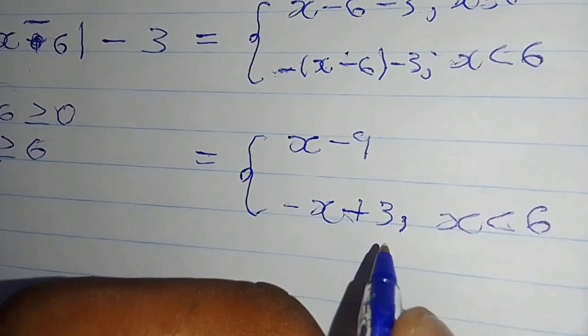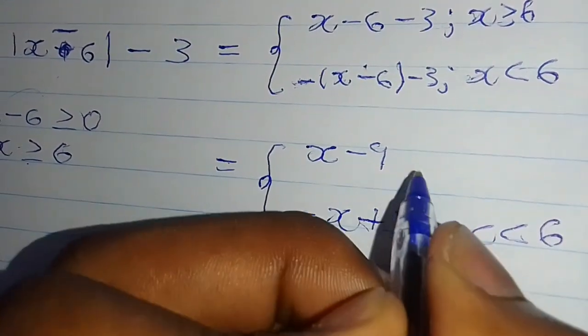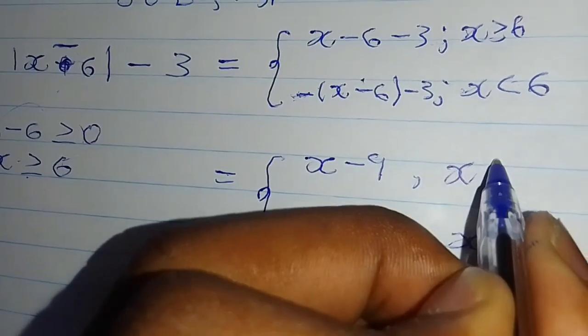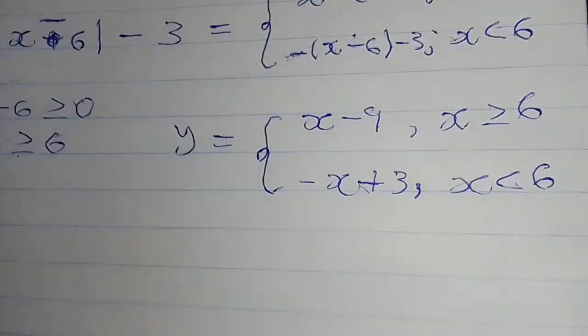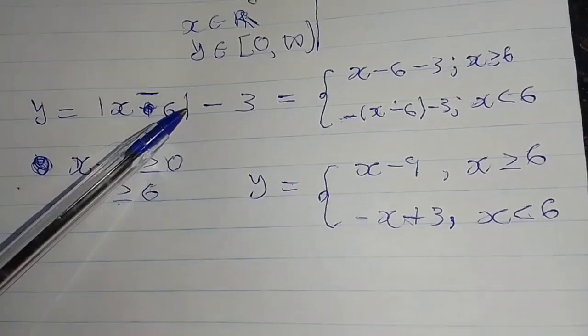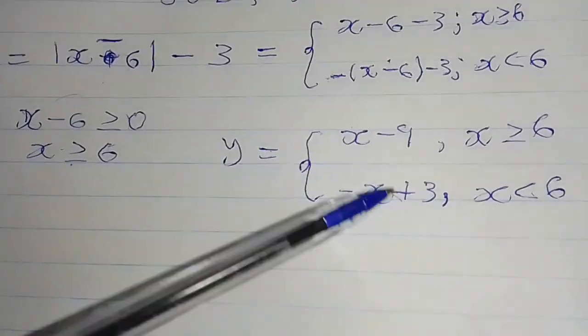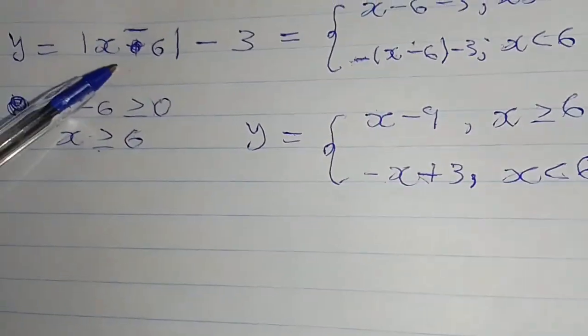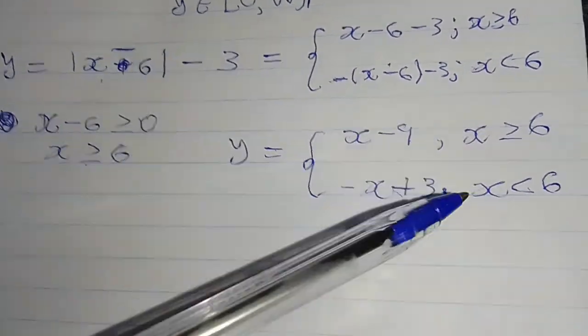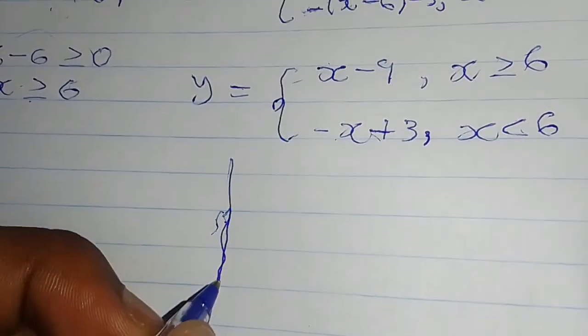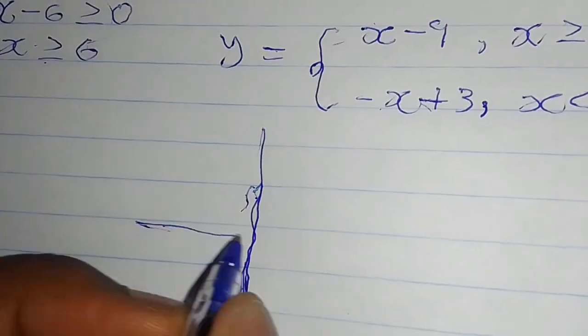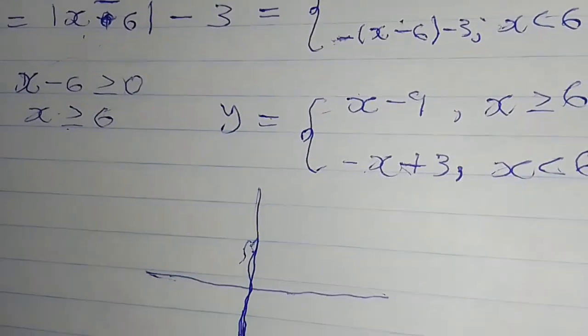And here we have x greater or equal to 6. So this is a simplified version of y. We went from this to something like this because we're familiar with functions without absolute values, so I transformed the absolute value into a piecewise function. Sorry for my sketch here. From then we just plot the graph.